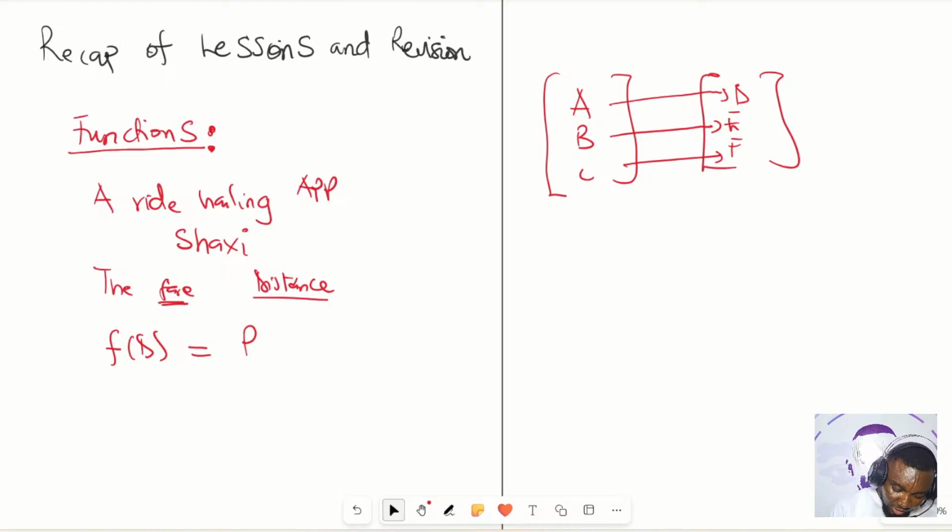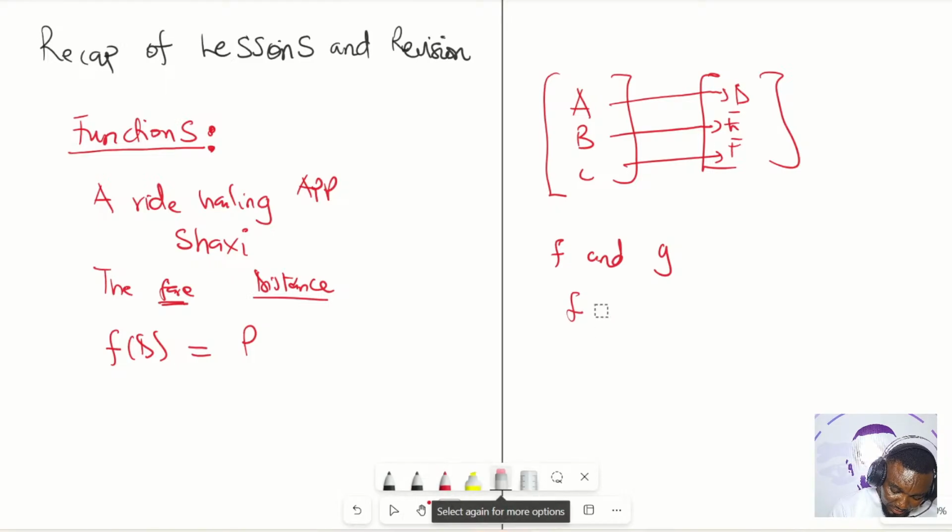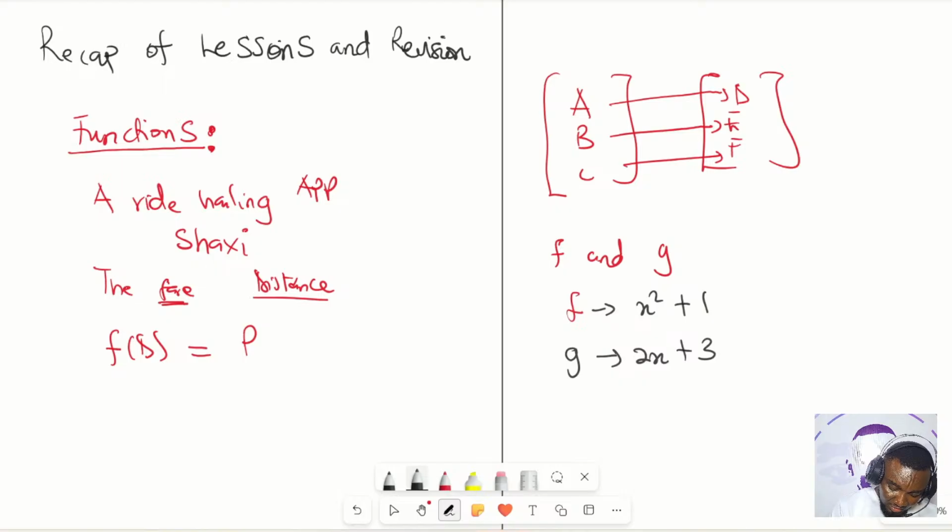If you have two functions, f and another function g, we can define f as a function that can be mapped as x squared plus 1, and the function g can be written as 2x plus 3. We can decide to do an addition of f plus g.